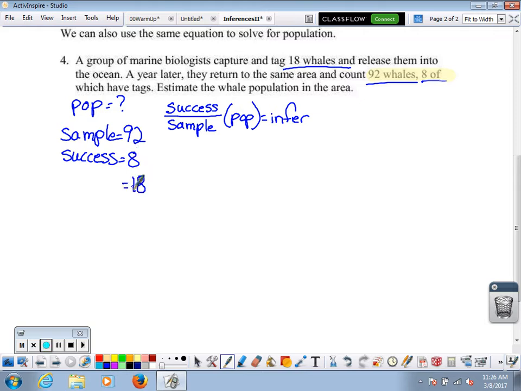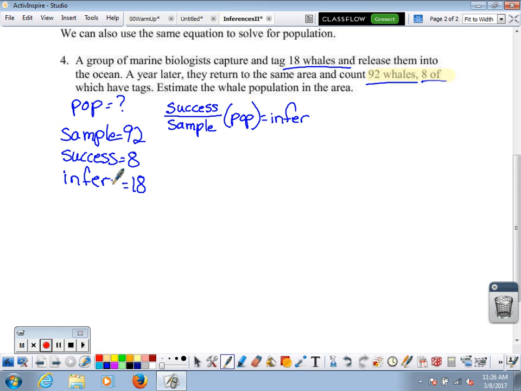The 18 whales that they caught at the very beginning and they tagged. Well, they kind of got those 18 whales from the entire population. Not necessarily from the 92 whales that they counted in that sample, but from the total population. That's the inference. Okay, we are kind of inferring that those 18 whales that they tagged, there's 18 whales in the entire population that have those tags.